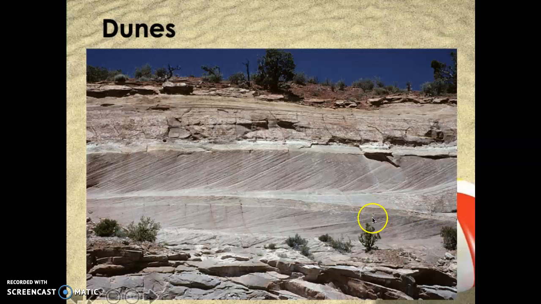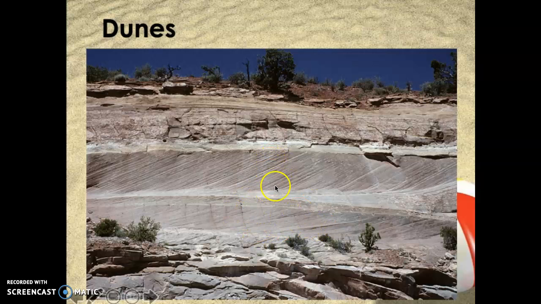If these sand dunes get buried and turned into stone, the slip face is still preserved, and so these are what we call crossbeds. This is evidence that there was a sand dune here that migrated from right to left across the photo. In fact, there were several of them. You can see more crossbeds down here.